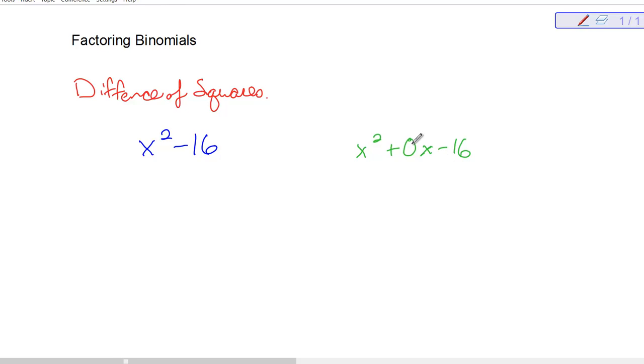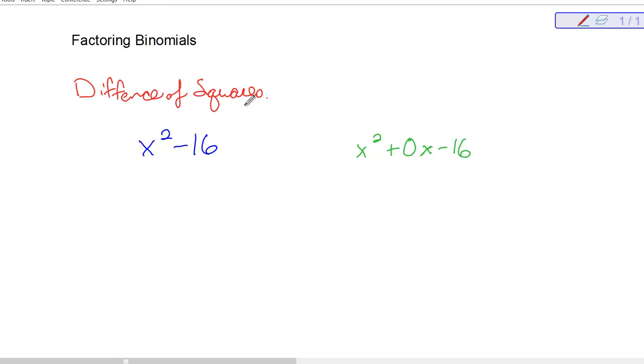Because remember, previously we discussed the ax squared plus bx plus c form. And so what we're actually trying to do is find factors that multiply to give me negative 16 that add to give me 0. And that's what we're looking at when we're talking about difference of squares.